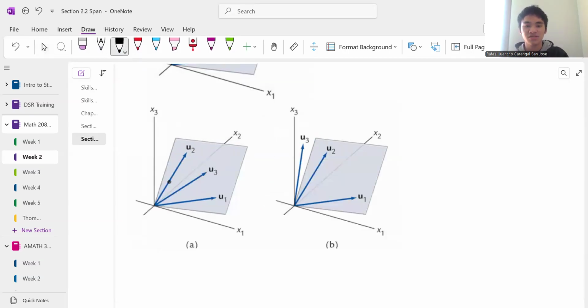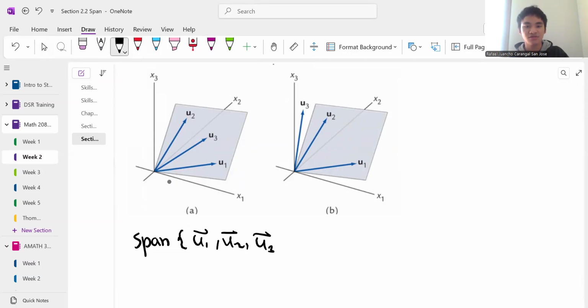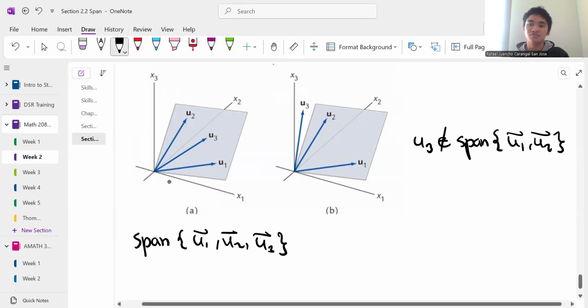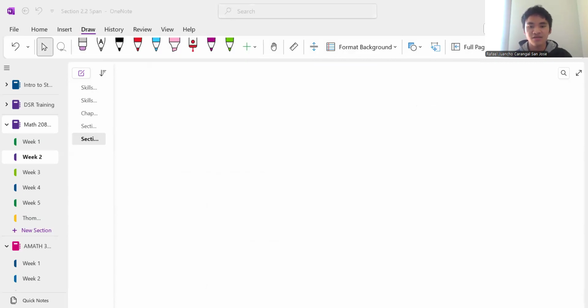Right? This here, A, is the span of u sub 1, u sub 2, u sub 3. Here we say that u sub 3 does not belong in the span of u sub 1 and u sub 2. Right? It's literally not part of the plane. You can see it. Okay, just some geometric intuition behind it.